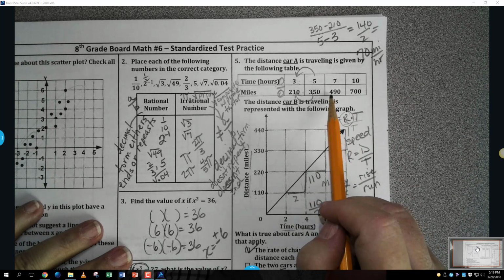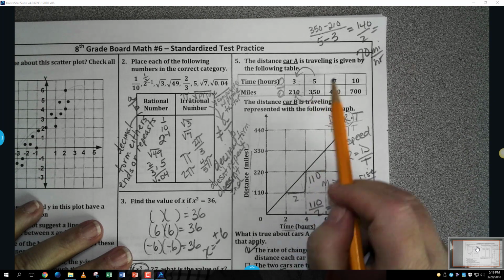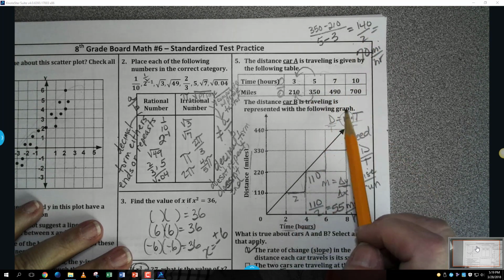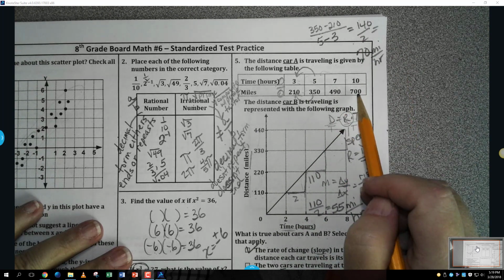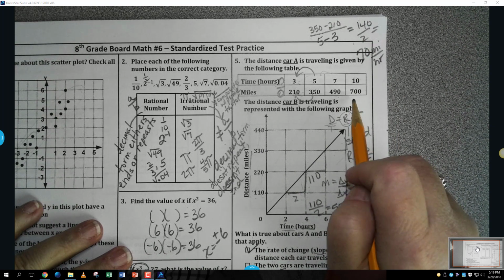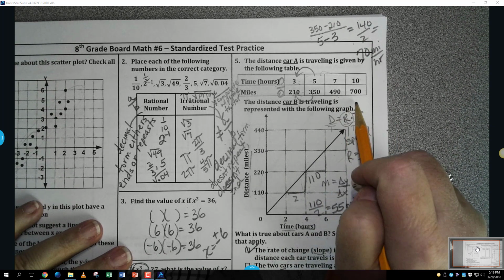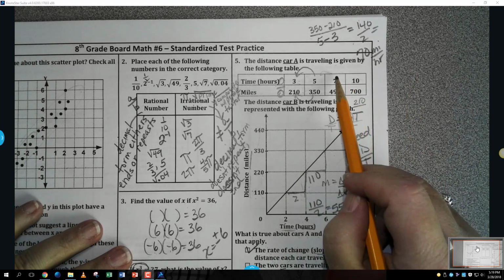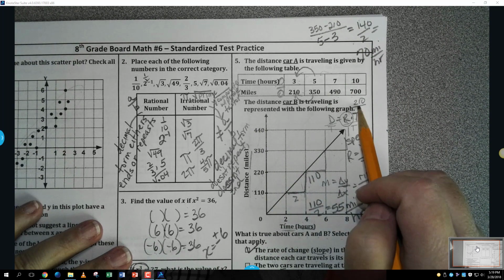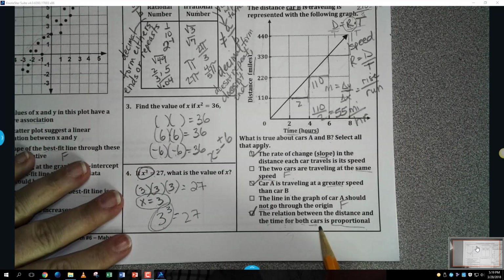On the table, what we would have to do is subtract. So 490 minus 350 would be 140 over 2. That's going to be the same. And then we would have to figure out this one. 700 minus 490 is 210, over 10 minus 7, which is 3. So this is also 70 miles per hour. So yes, they're both proportional.